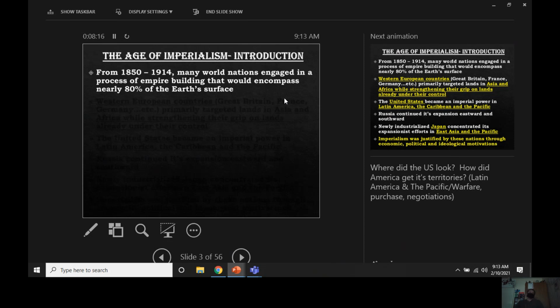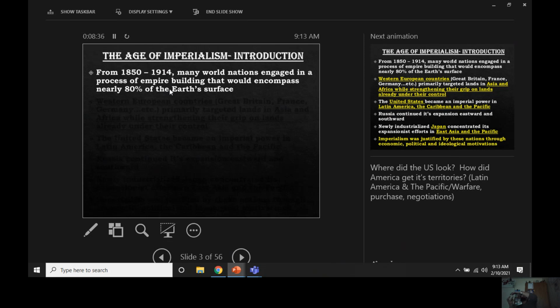From 1850 to 1914, many world nations engaged in the process of empire building that would encompass nearly 80% of the Earth's surface. Just let that roll around your head for a second. We'll go over the countries. You'll see the map. You'll know who all's involved.